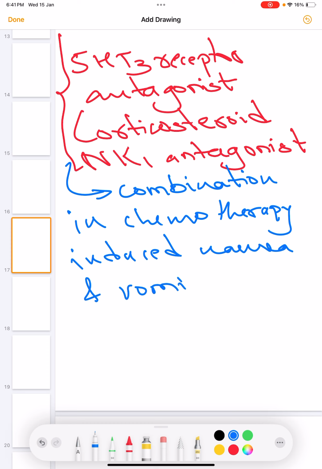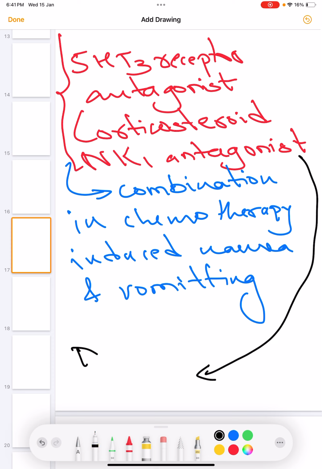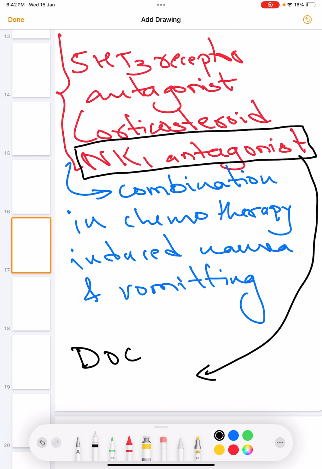Now you have to remember that this NK1 antagonist is the drug of choice for delayed CINV, delayed chemotherapy induced nausea and vomiting.